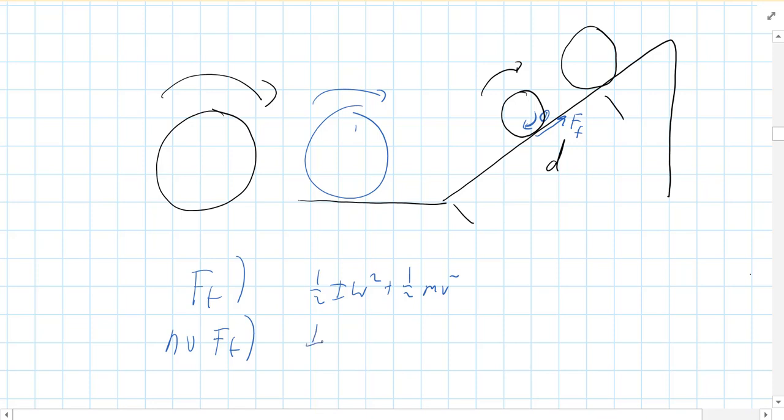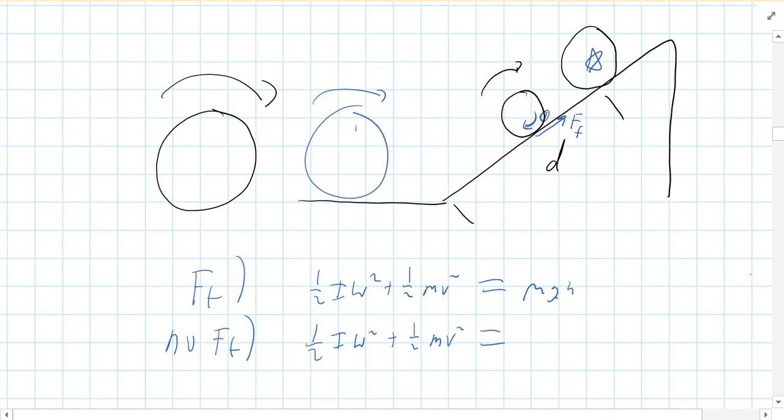And in both cases, whether there's friction or not on the incline, assuming there's friction on the ground, you're going to have these two types of energies, and they're going to be the same in both cases. Okay. Now, what about after? Well, if there's friction, when this thing gets to the top, it's totally stationary. There's nothing about it moving. So this all turns into mgh.